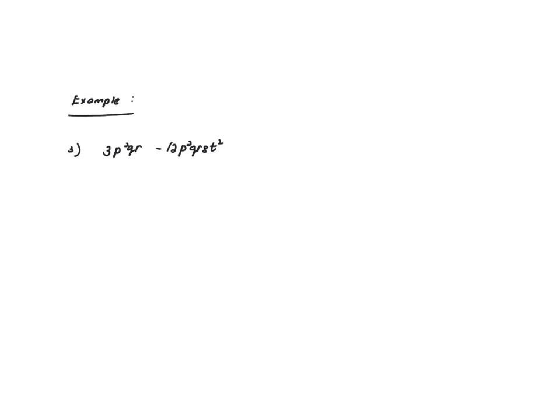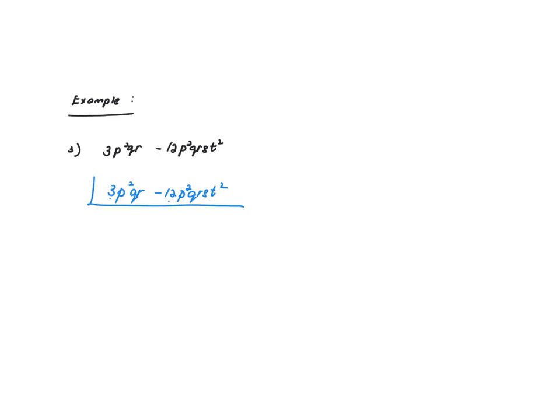Let's take a look at a slightly more complex one because it involves a lot of letters. Okay, so first write it down in the L shape. 3p squared qr minus 12p squared qrst squared. Let's find the highest common factor for each and every number and term. Let's take a look at the numbers first.